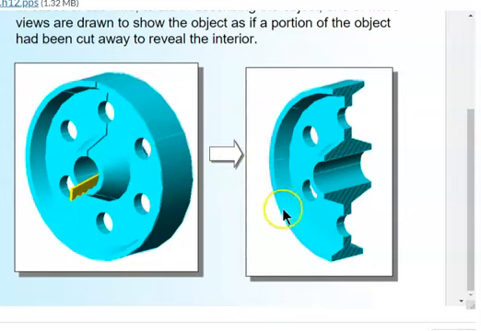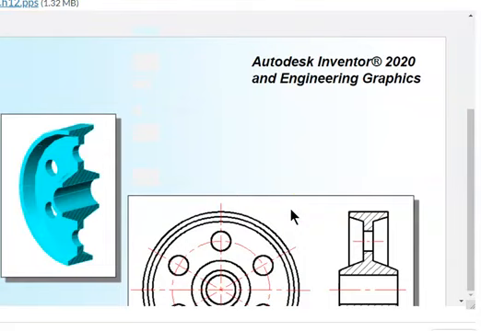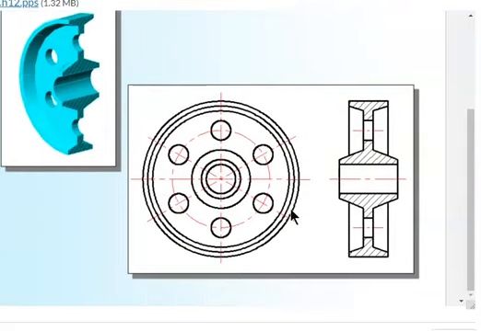How we represent this on orthographic or multi-view drawings is different. Notice we are seeing the same side view but much more clearly, with the hidden lines becoming visible solid lines, and a pattern which represents the solid object.